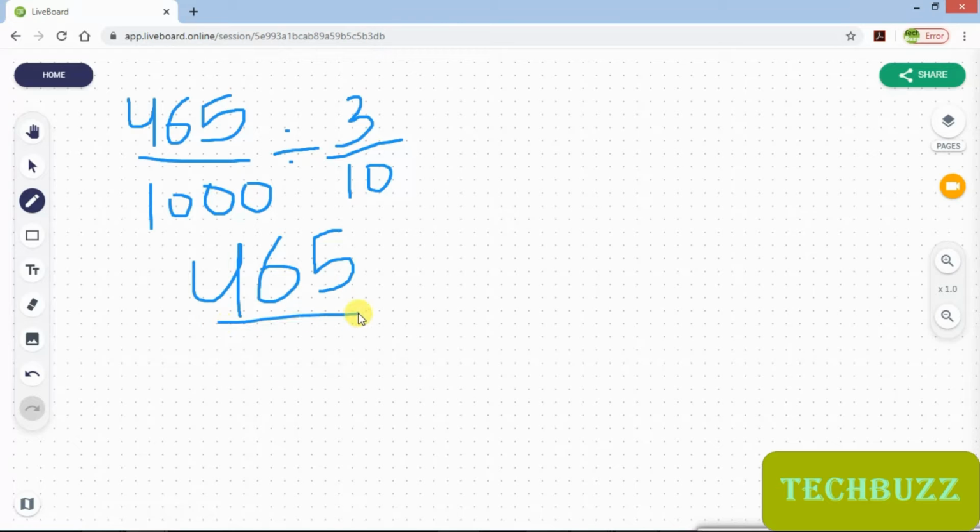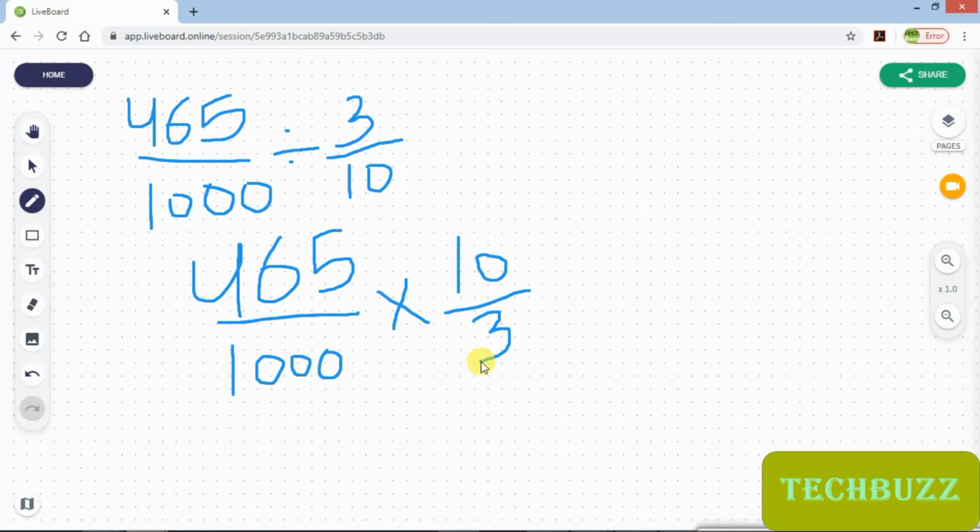So we replace the division symbol with the multiplication symbol, and we take the reciprocal of this fraction. What is reciprocal? We write the numerator in place of the denominator and the denominator in place of the numerator. So I have written 10 in the numerator and 3 in the denominator.